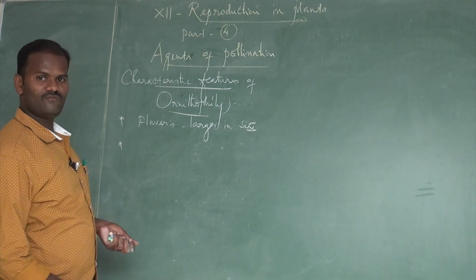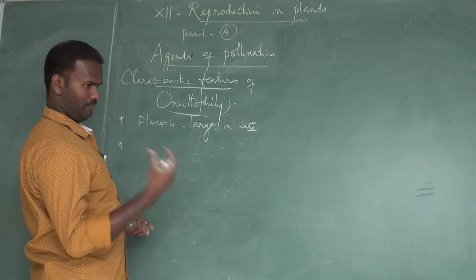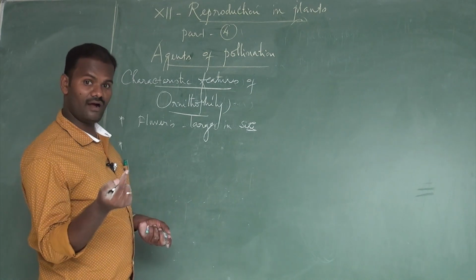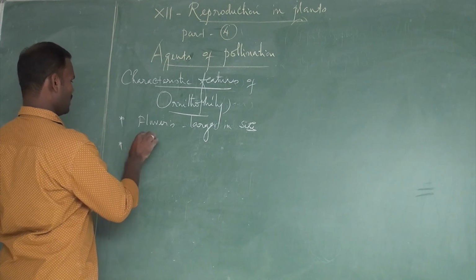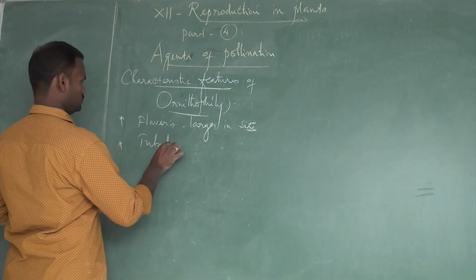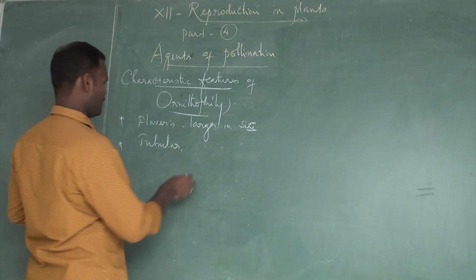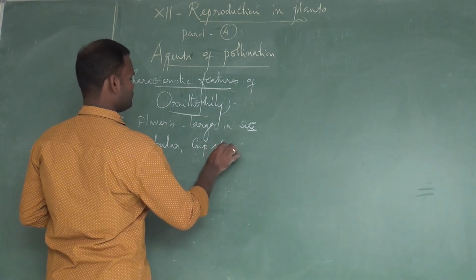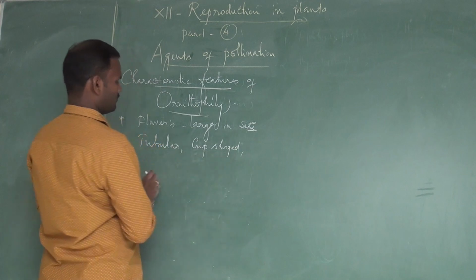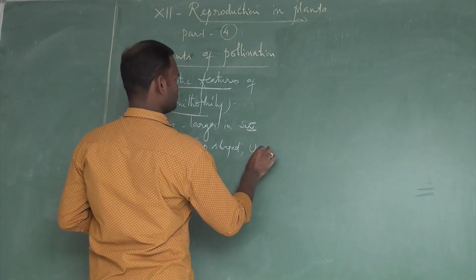The shape of the flowers, the corolla or petals, has to be modified according to the beak of the birds. Either the corolla may be tubular, or small cup shaped, or urn shaped.